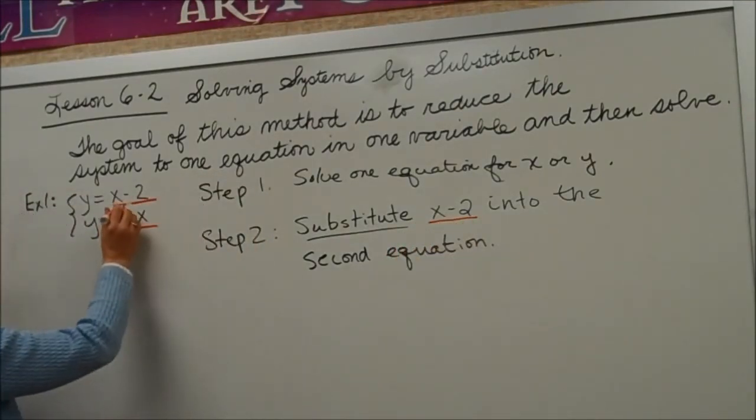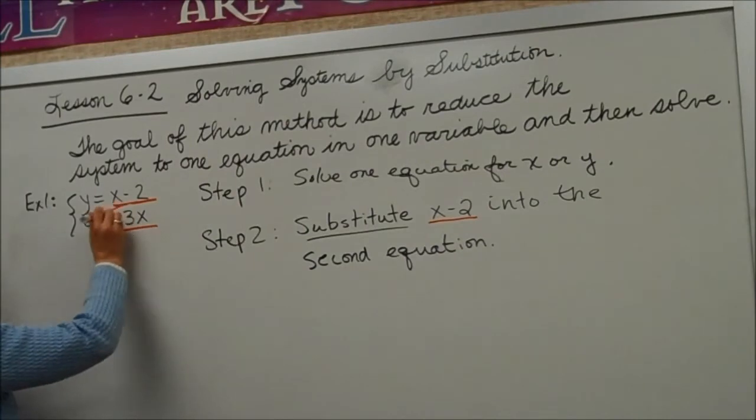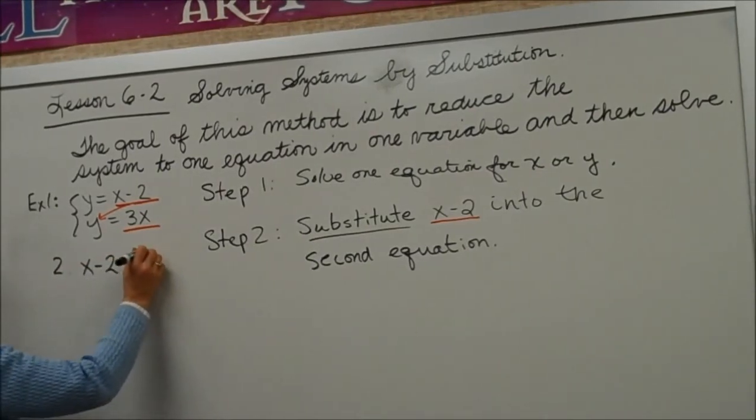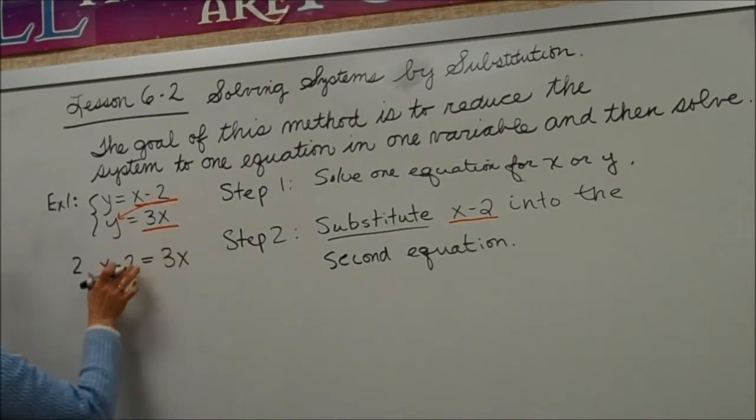So here we go, we're going to take x minus 2 and we're going to put it in for y. So this becomes x minus 2 equals 3x. X minus 2 took the place of y.